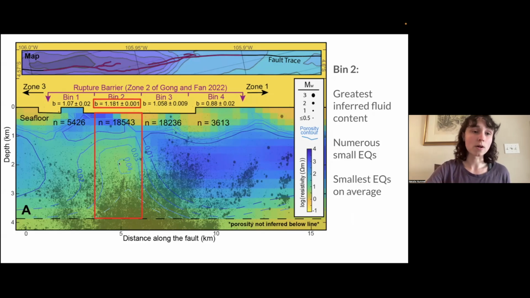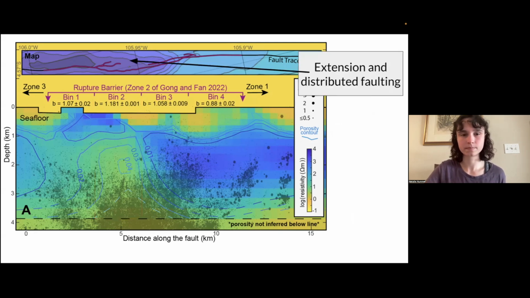And the earthquakes are smallest here on average, so the B-value is highest to a statistically significant degree. So we seem to see a correlation between apparent fluid content according to the EM and lots of very small earthquakes in this location.